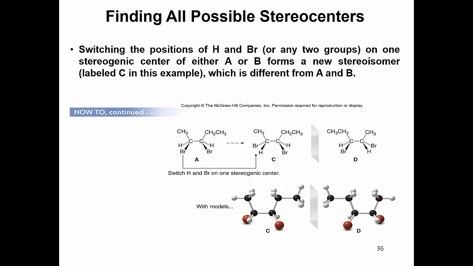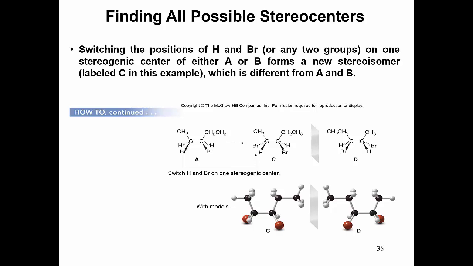So let's create another, and possibly two more compounds. What we notice is that we've transposed the bromine and a hydrogen, and these are still isomers. They still have the same molecular formula, but they're stereoisomers.